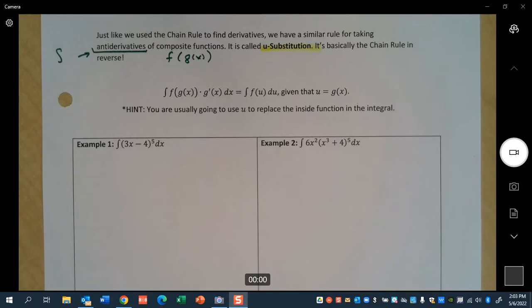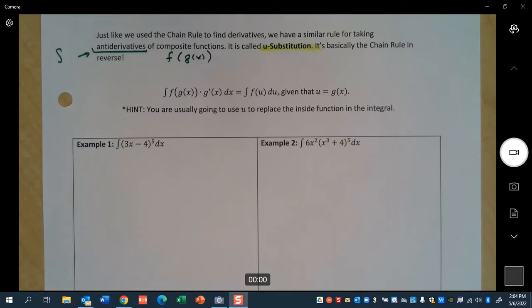We say it's U substitution, and that's the common variable mathematicians use, the same as we use M for slope, just because, and H, K for the center of a circle, just because. U is what we're going to be using, although you can use any variable that you prefer as long as you keep track of it.